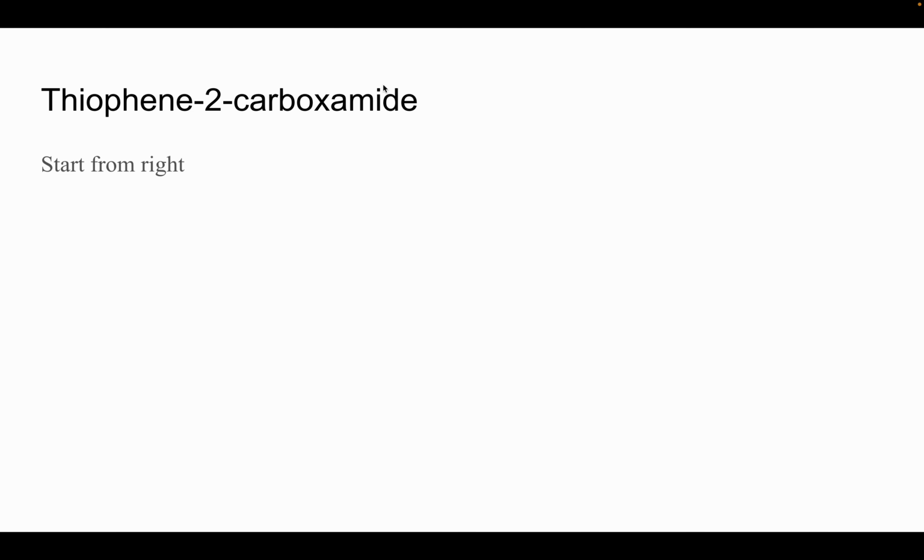You start from the right hand side and look for the suffix. The suffix over here is carboxamide. The name itself says it is an amide, right? Carbox means the presence of a carbonyl group. So start from the right and identify the suffix.